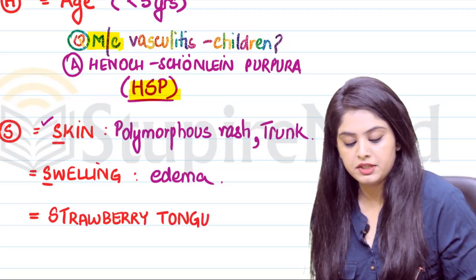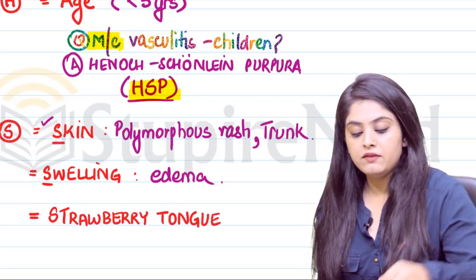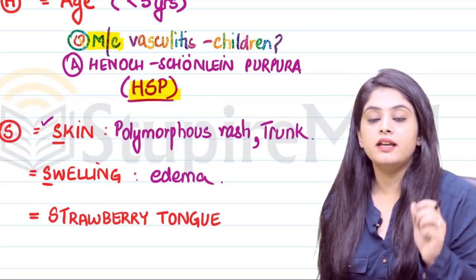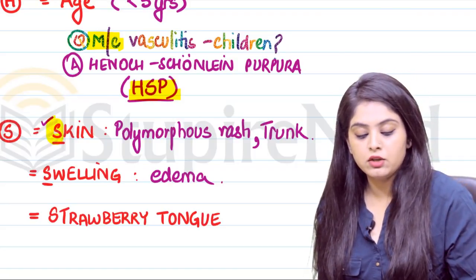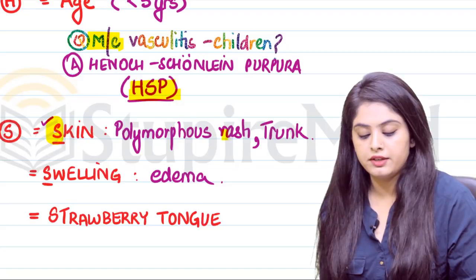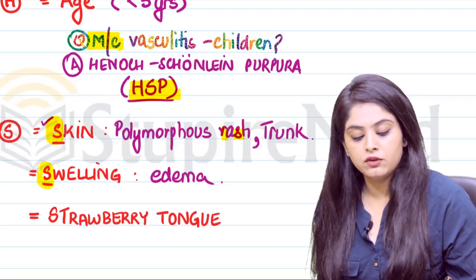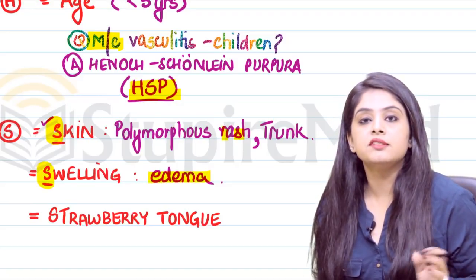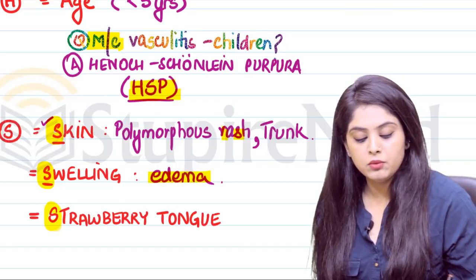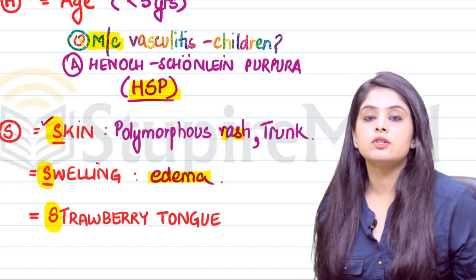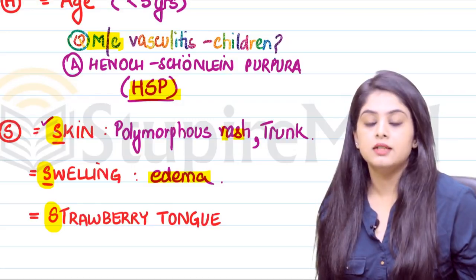So when we are dealing with the S alphabet, you have to think of the skin, which will show a rash. You have to think of swelling, which primarily means edema. And the most classical image-based question, that is strawberry tongue.